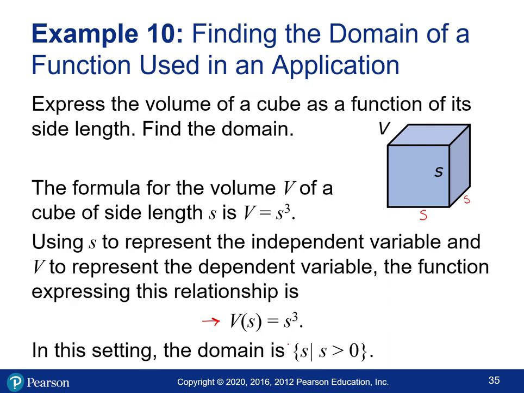And the domain, anything we can plug in that will give us a real answer, a real volume, is greater than 0 for the side length. Because think about it, if this was a physical cube, if it's 0 as a side length, then my cube doesn't exist. If it's negative, that doesn't make sense because I wouldn't measure it and say it's negative. So anything more than 0 would be our domain.